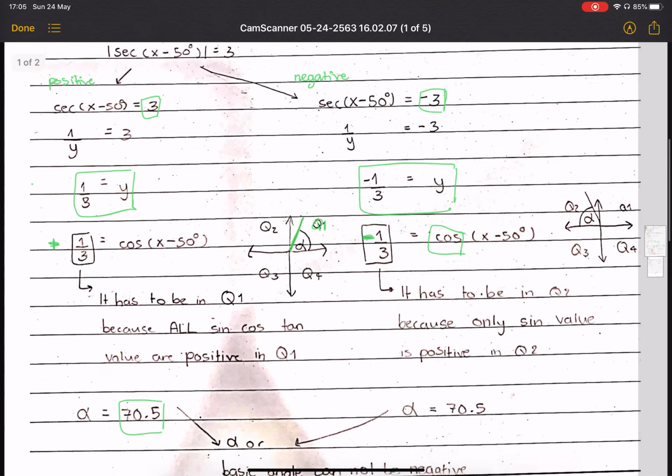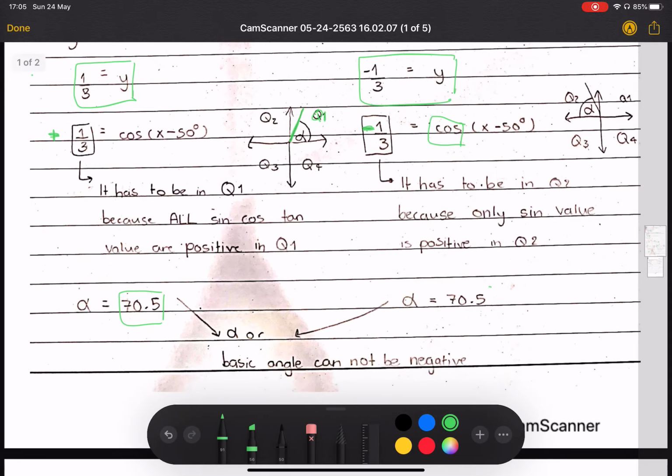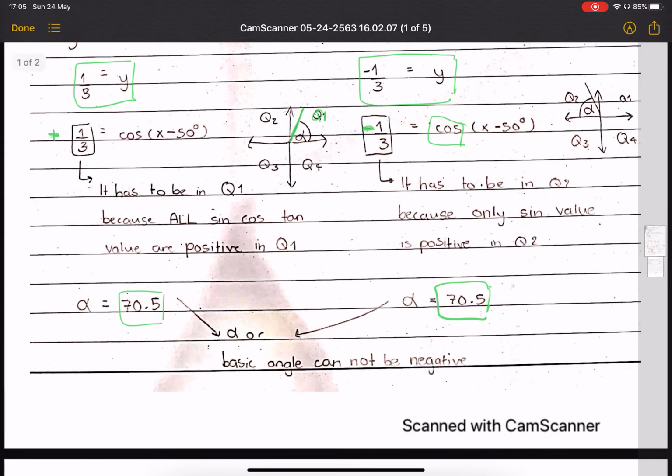And we also use a calculator to solve for the basic angle alpha, and we get 70.5, the same as the first one, but it has a different quadrant.